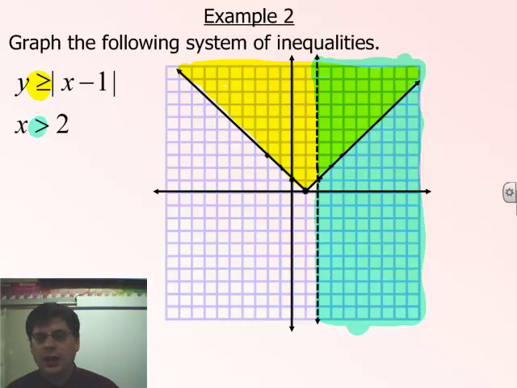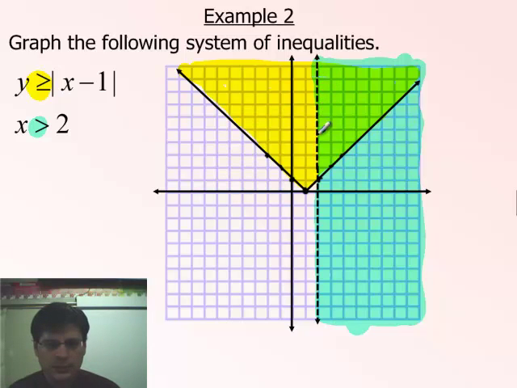All right. So now, we can see that any point in this region here is going to be a solution to the system. It'll work for both. But I want to experiment. I want to test, let's say, a point that is in the yellow region, but on our vertical line.